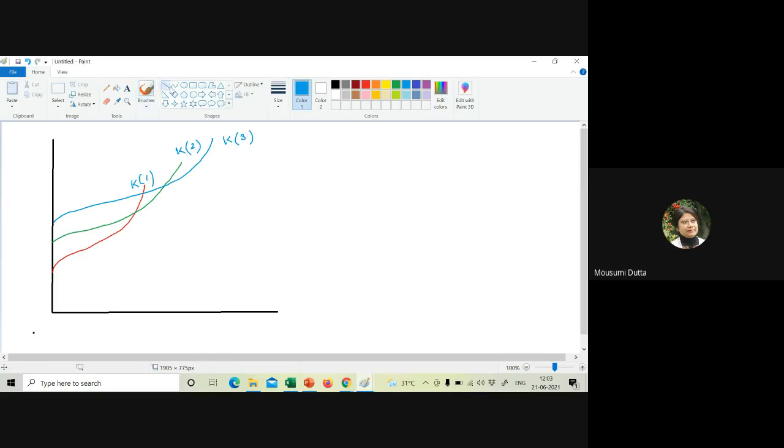First I talked about an output level like this. Along this axis we measure Q, along this axis we measure C, and we talked about the OR level of output, with S, T, and U.